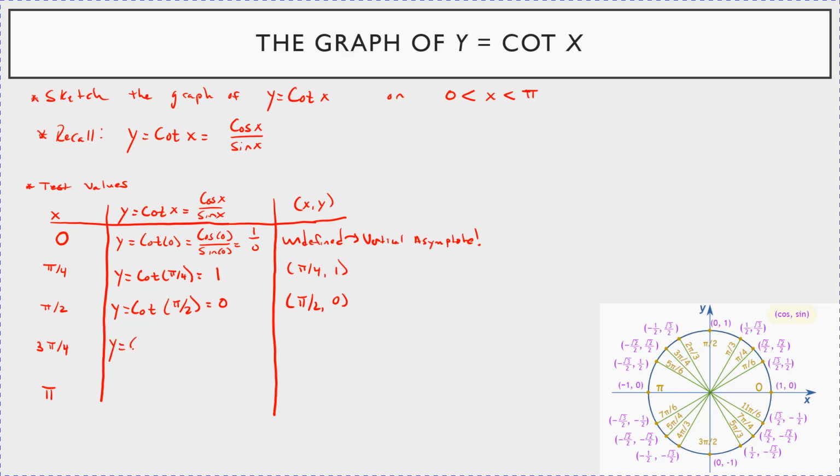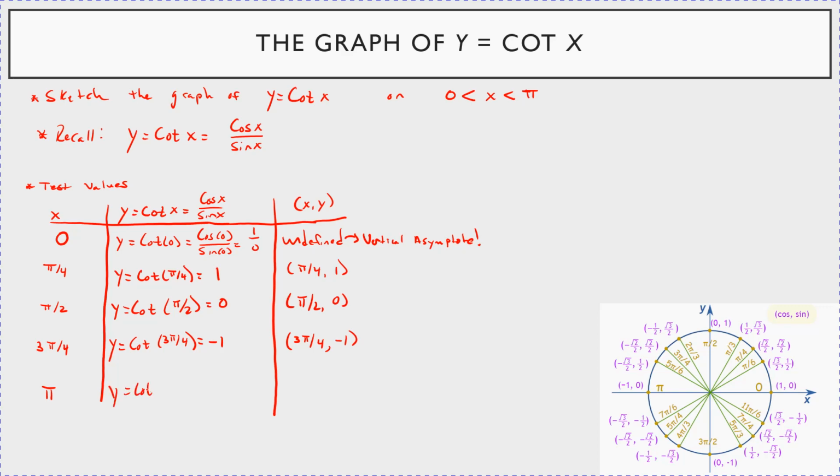Now we're going to plug in 3 pi over 4. Cosine is negative the square root of 2 over 2, and we divide this by sine, which is the square root of 2 over 2. So that's just going to be negative 1. That's 3 pi over 4, comma negative 1.